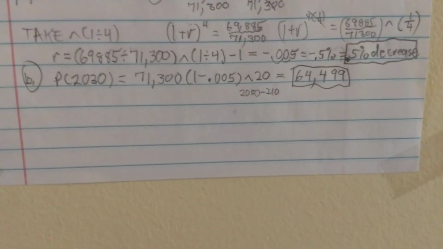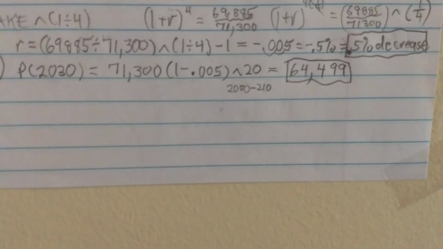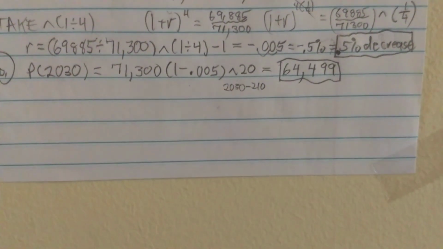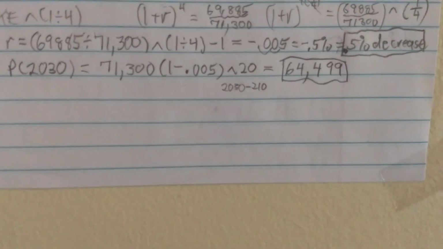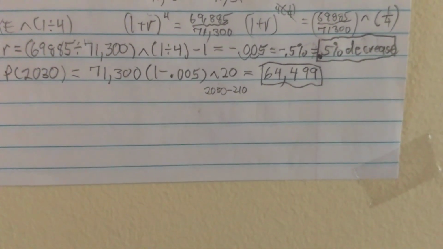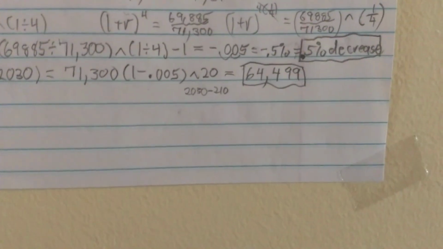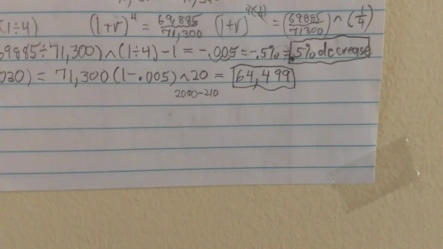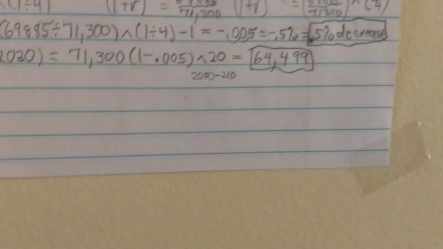So r is now left just like this on the calculator: left parenthesis 69,885 divided by 71,300, right parenthesis, power 1 divided by 4, minus 1, equals -0.005. Or moving 2 to the right for going from decimal to percent, -0.5%. So that's a 0.5% decrease.